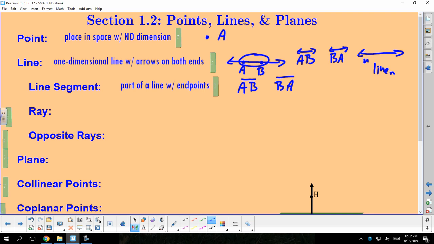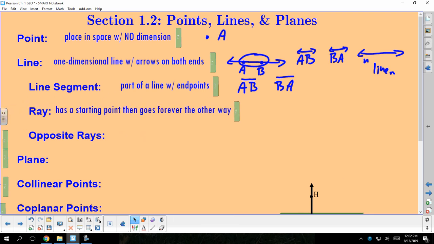All right, so a ray is also part of the line. But a ray has a starting point on the line, and it goes on and on forever in one direction. You can have a ray by itself, or you can have a ray that's a part of a line as well. So a ray is that starting point that shoots off in one direction.